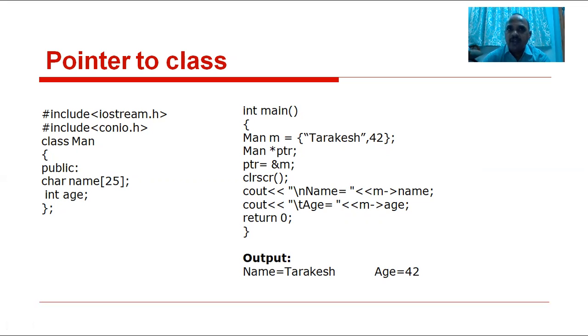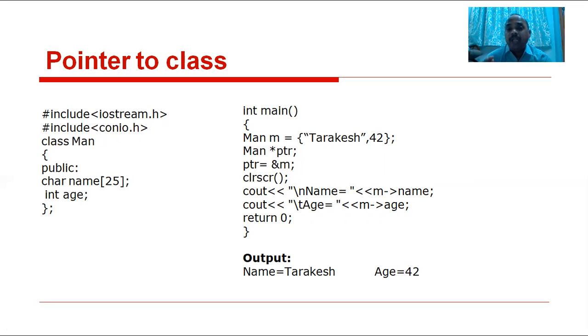How to create a pointer to a class? The next step is ptr equals ampersand m, where m is an object whose address is assigned into ptr. So here ptr is an object.